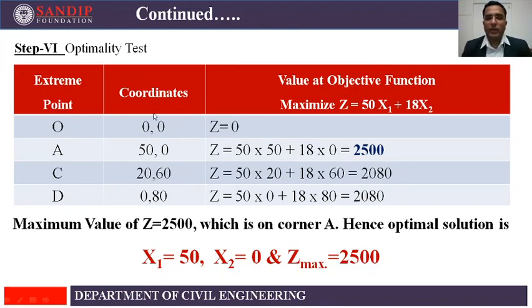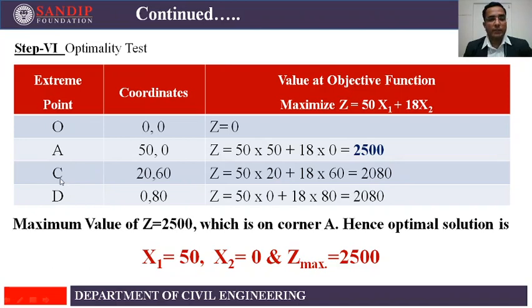By putting x1 and x2 as 0, we get the objective function value z equal to 0. The second extreme point is A, so put the coordinates 50 and 0, that is x1 equals 50 and x2 equals 0, in the objective function. We get z equal to 2500.